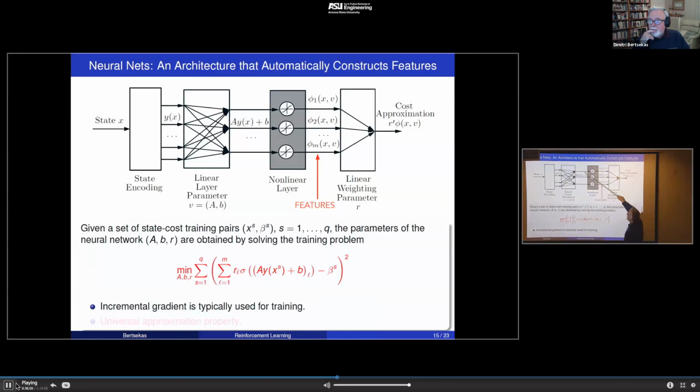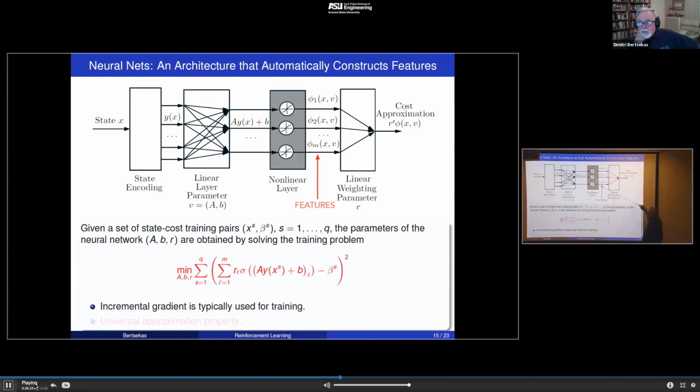And at the output, you have a number of scalars that are fed into nonlinearities. This is a single input, single output nonlinearity. So this is a scalar going through here, produces another scalar, and so on.